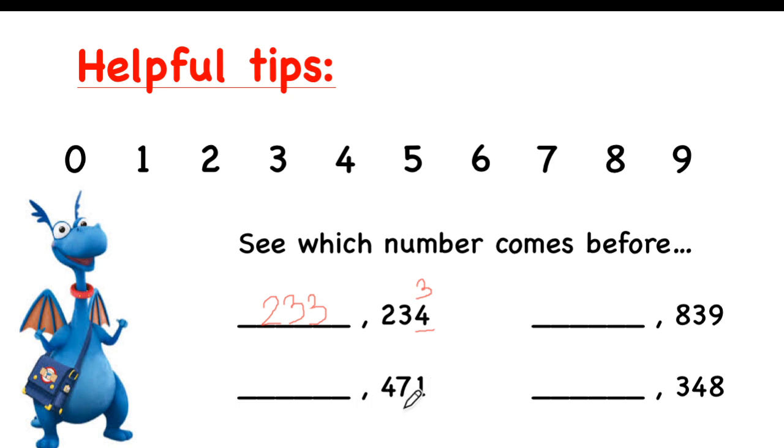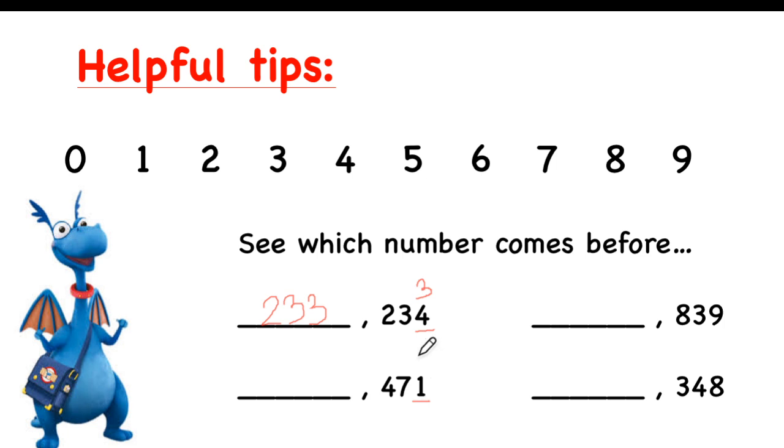471. Once again, which number comes before? The number in front of it. That means it will be one digit less. You will look at the ones digit and ask yourself, what number comes before 1? Or you can ask yourself, how much is 1 take away 1?